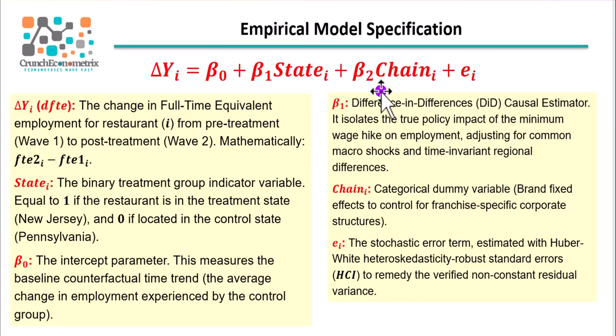Then we have chain. Chain in this specification is a categorical dummy variable that we are controlling for, which represents brand fixed effects for franchise-specific corporate structures. And again, we have the stochastic error term. So this is the model specification.